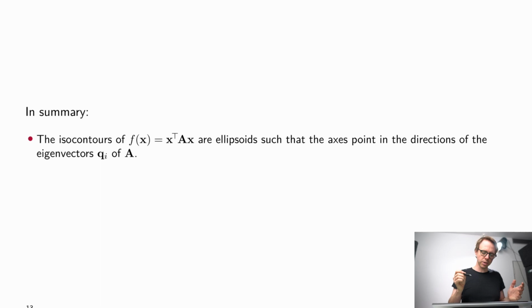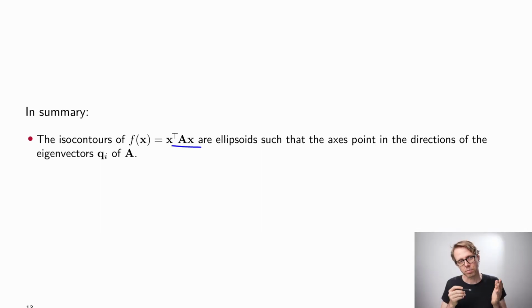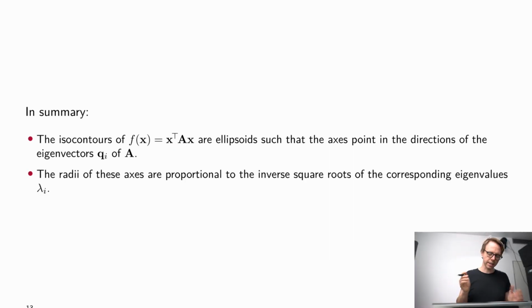Then the level sets or isocontours of the squared forms of positive definite matrices are ellipsoids, where the axes point in the directions of the eigenvectors, q_i, of this matrix, and the radii of these axes are proportional to the inverse of the square roots of these eigenvalues, lambda_i.